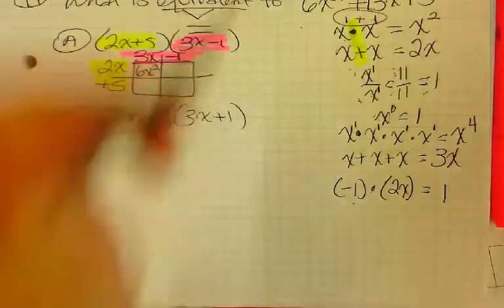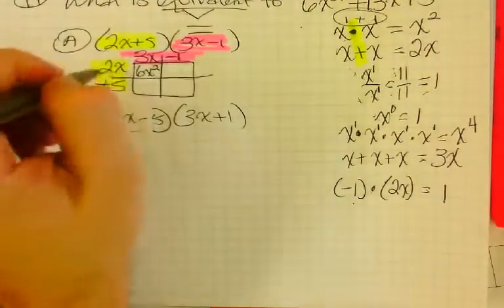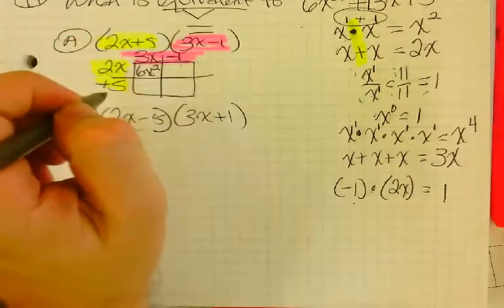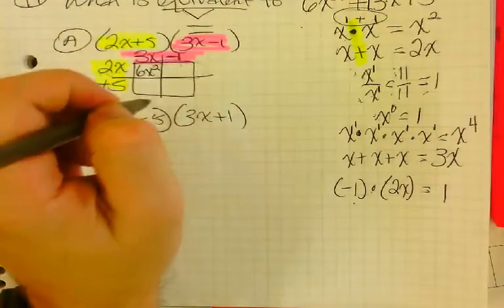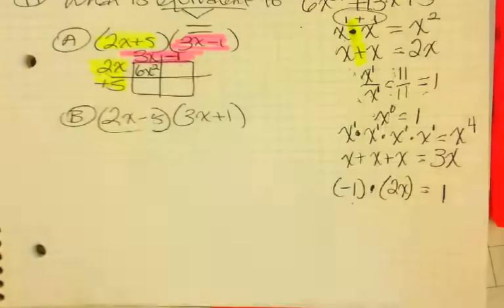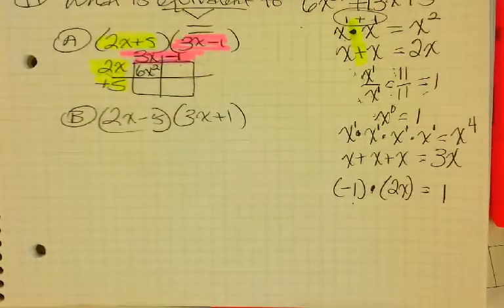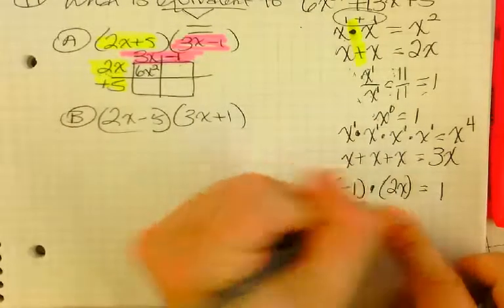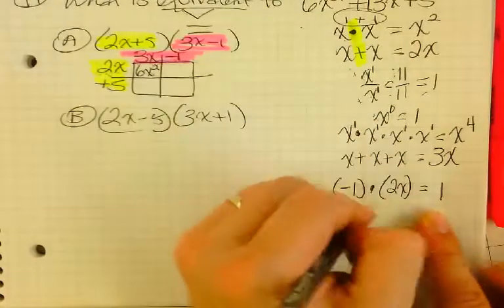Ms. Aguilar, we've got 2x times negative 1. So what's the whole thing? Okay, remember that there's no addition, right? We're not adding anything. This is multiply. So what we're going to do is multiply negative 1 times 2. And we get negative 2.